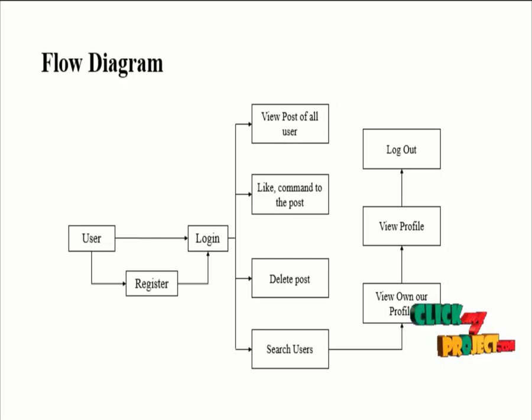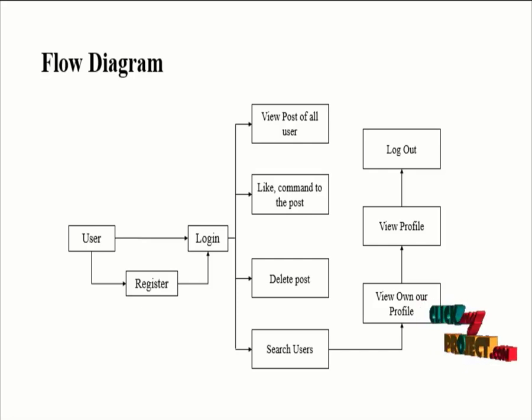Flowchart of our project diagram. First of all, the user registers using email ID, mobile number, password, username, and name. Then login, using the registered email ID and password.